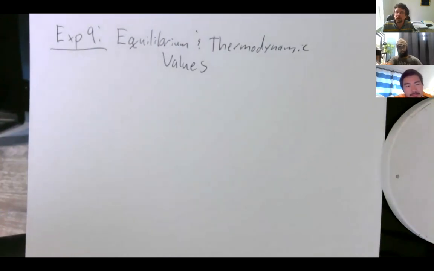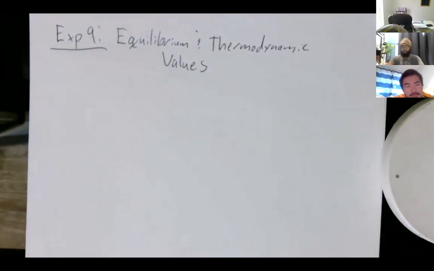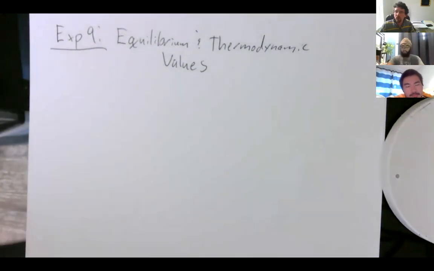Like when we did that experiment with the dyes, I think it was experiment 6. What were you keeping track of? Absorbance. We were keeping track of absorbance. What was the other parameter we were keeping track of? Concentration. Temperature. Well, we were using absorbance and concentration synonymously.